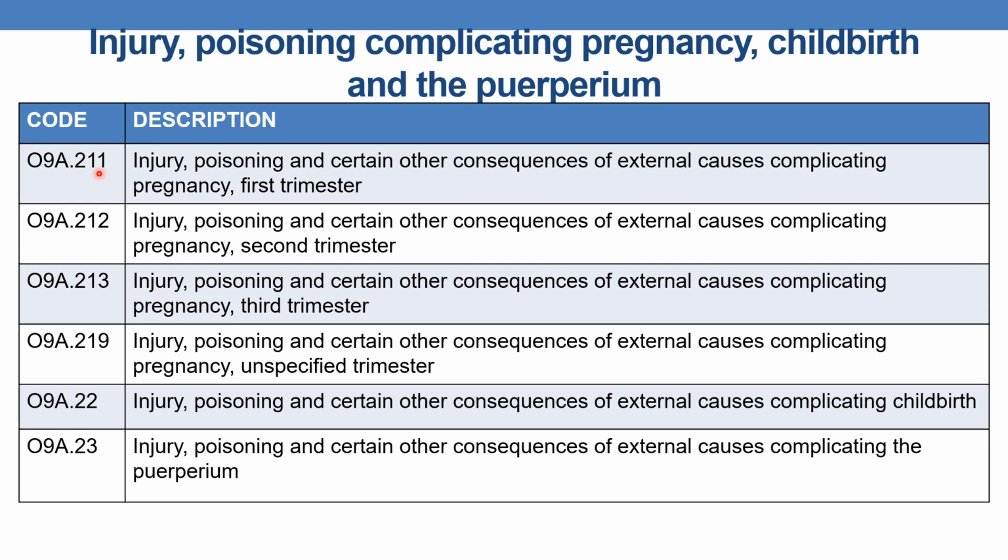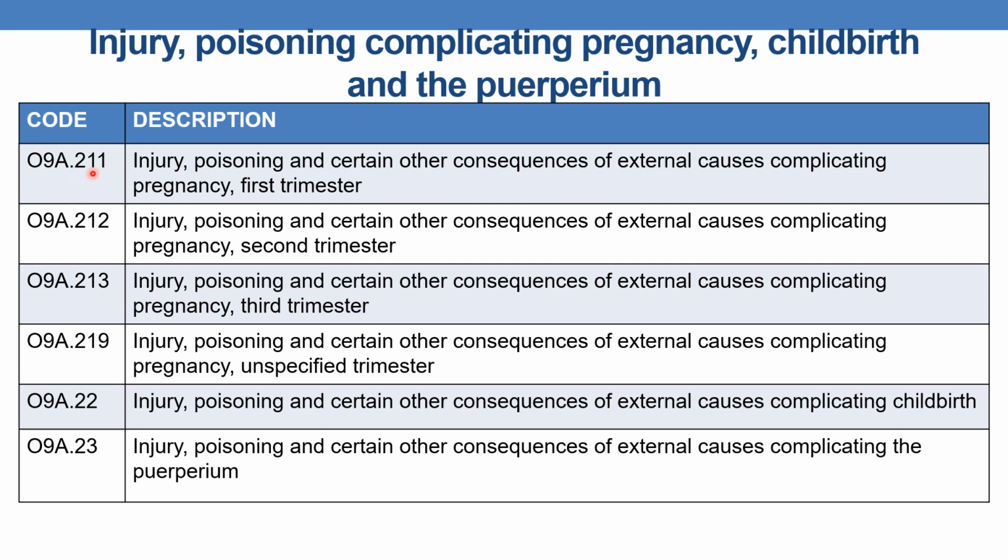O9A.211, the fourth character 1. Here in all the O9A categories, the fifth character 1 indicates pregnancy, fifth character 2 indicates childbirth and fifth character 3 indicates puerperium. That is common.